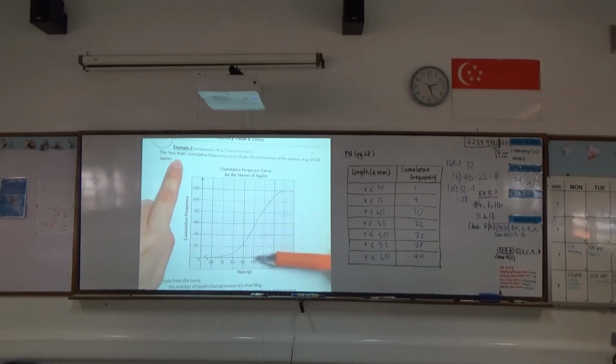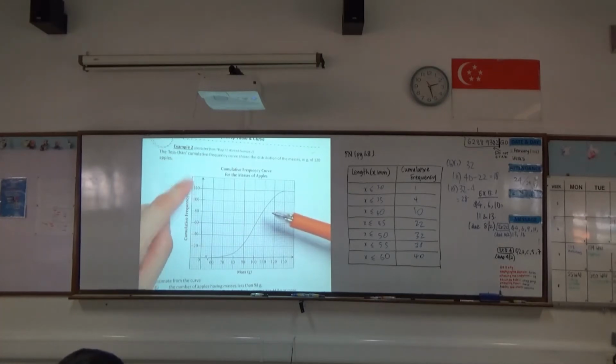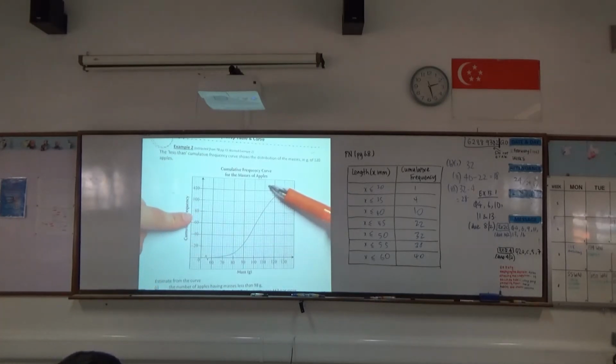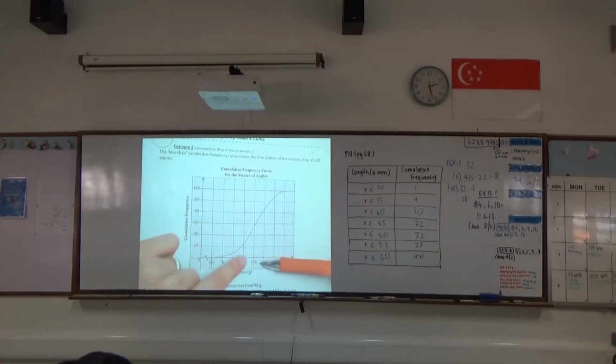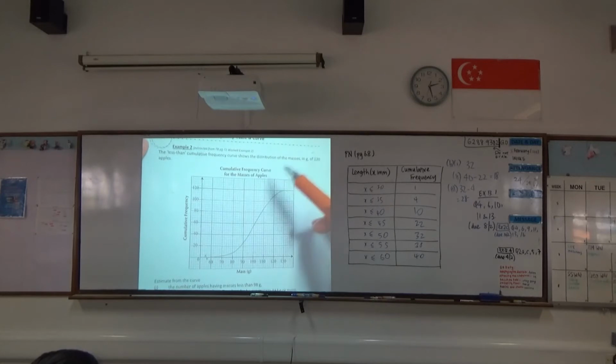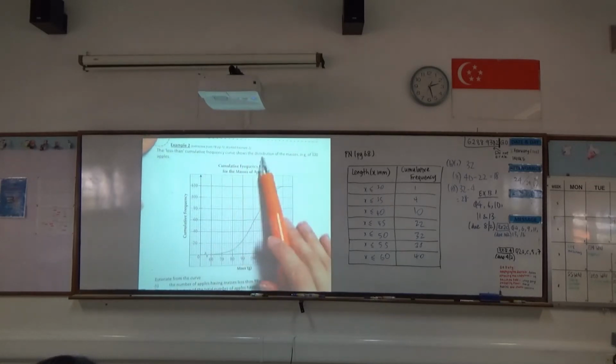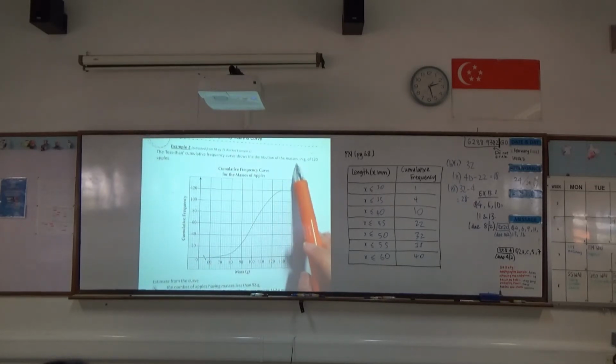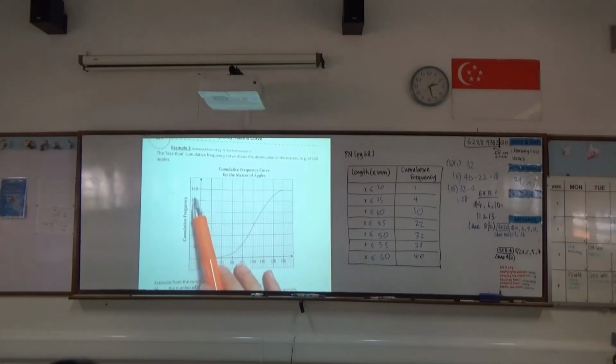So any point that you read from the graph actually means that there are that number of apples in this case that are lesser than the particular mass. So in this case, we have this curve that shows the distribution of masses of 120 apples.